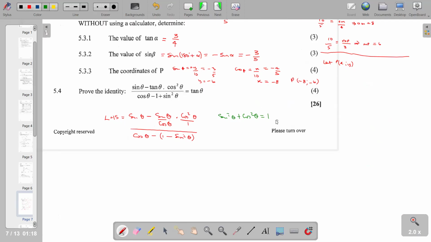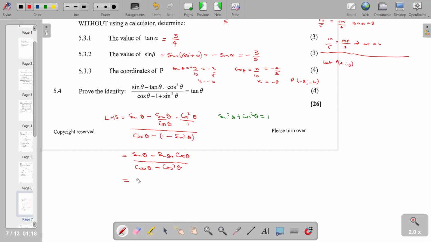When we take this one to that side, it means 1 minus sine squared theta will be equal to cos squared theta. So that's what we are going to substitute there. So this one reduces to sine theta minus sine theta. This one and the other cos are going to divide. So we are going to have cos theta all over cos theta minus cos squared theta.